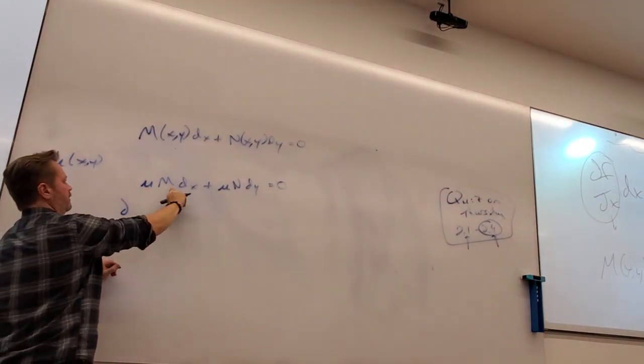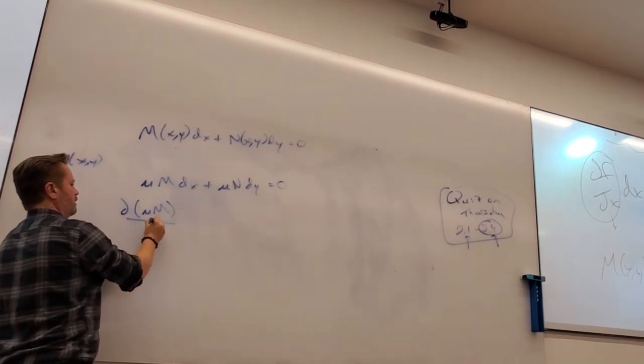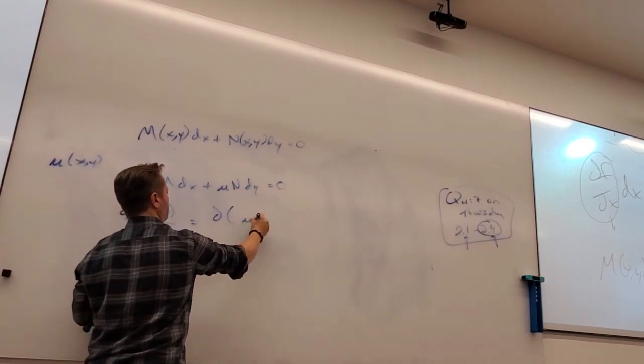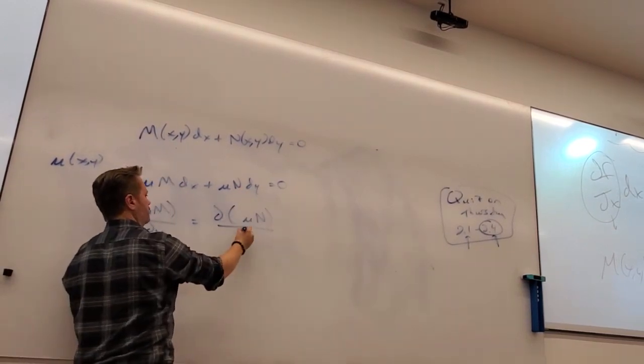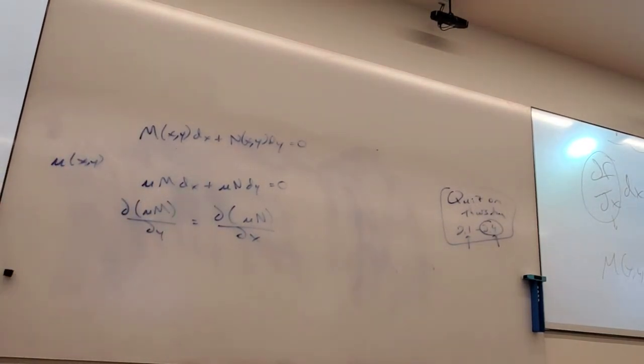So the partial with respect to y, and I check to see if that's equal to the partial of N with respect to x. Sorry, that is the criterion for exactness, correct? This is sort of what we did, not quite.